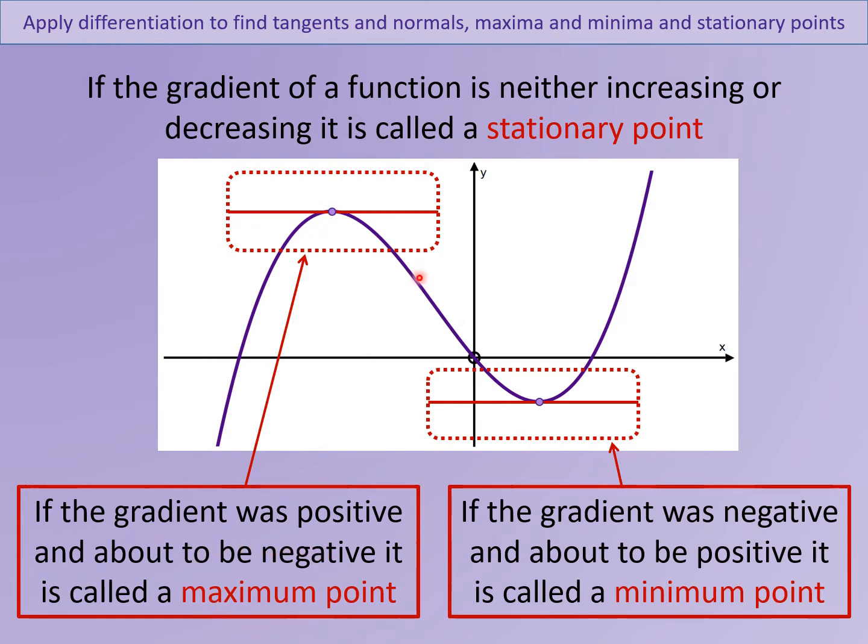Whereas if the gradient was negative before that point and then positive afterwards, then it's a minimum. So if you can investigate what happens either side of a stationary point, you can define whether it's a maximum or a minimum. If it goes from positive to negative, it's a maximum. If it goes from negative to positive, it's a minimum.